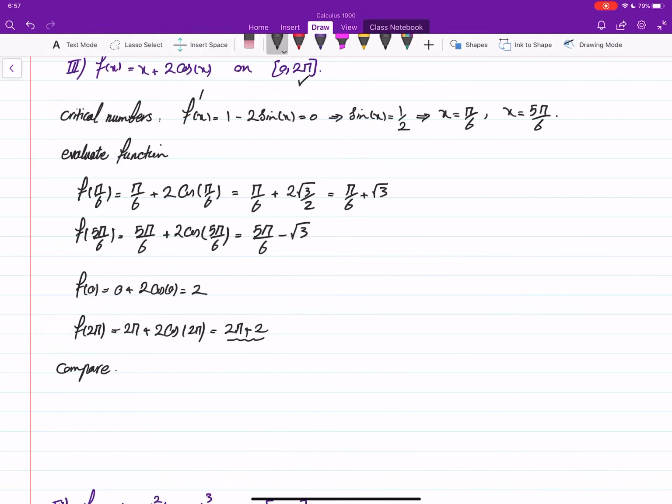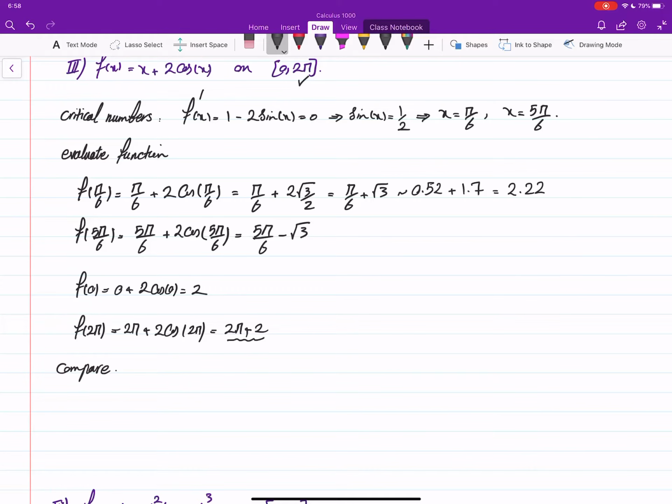Let's see, for example, if pi is 3.14, so approximately pi over 6 is going to be 0.5, plus root 3 is about 1.7. Together these will add up to 2.20 something.